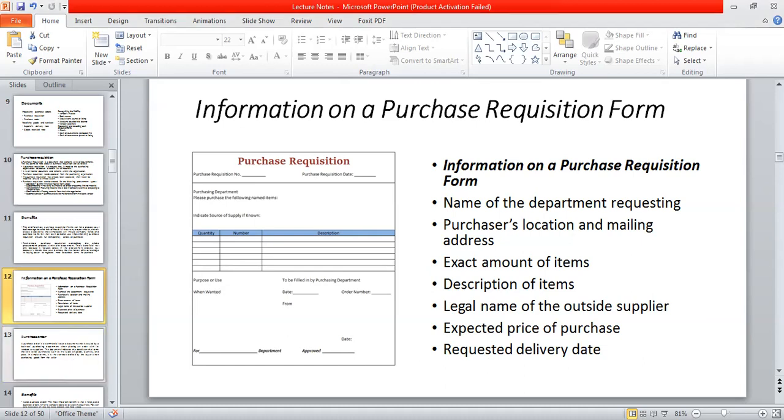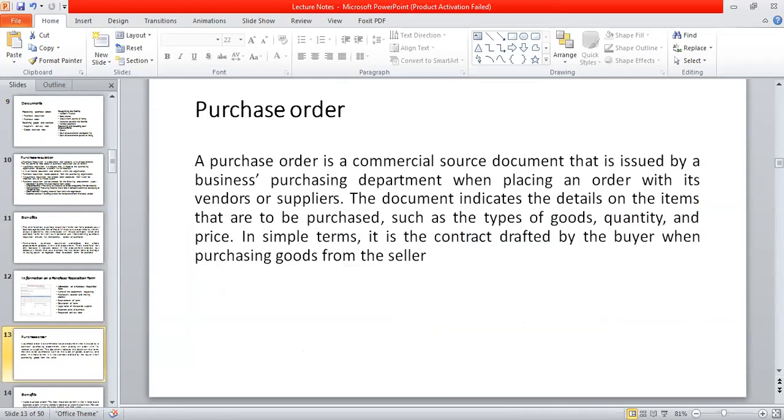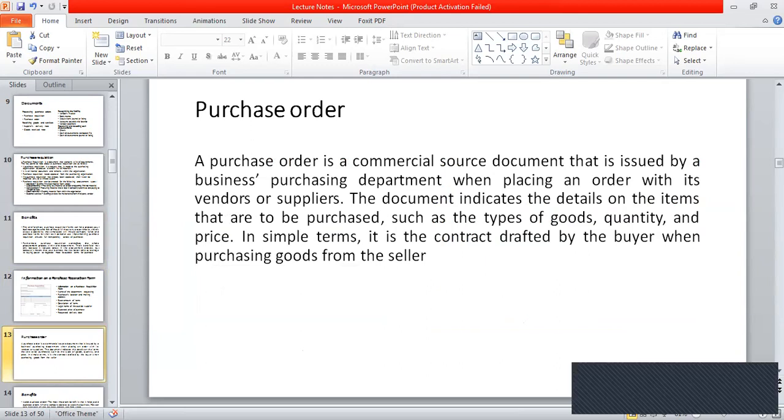So let's proceed to the next document. The next document is the purchase order. A purchase order is a commercial source document that is issued by a business purchasing department when placing an order with its vendors or suppliers.